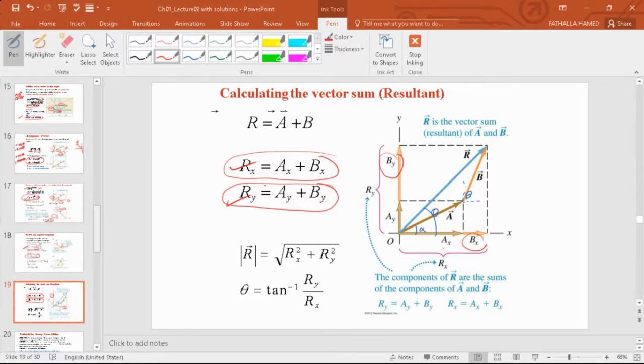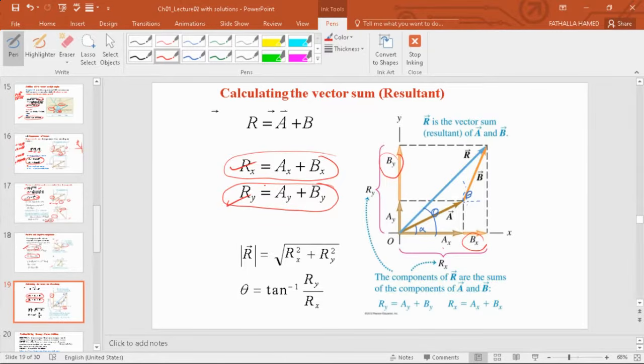Now, if you have 5, 6, 7 vectors, algebraically will be much easier now. All you have to do is take a vector and break the vector into X and Y components, and go to the next vector and do that, and the third vector, and the fifth, and so on.